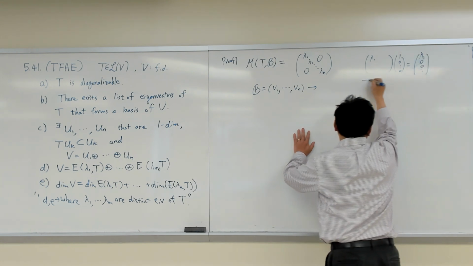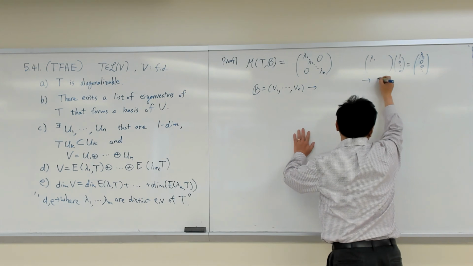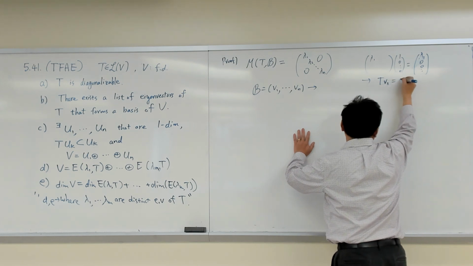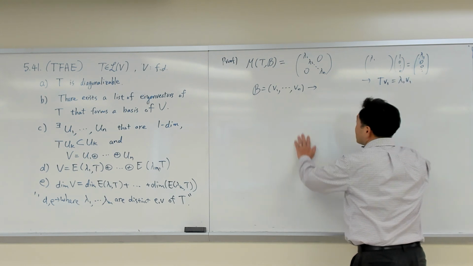So this has the property that T of V1 gives you lambda 1 times V1, right?